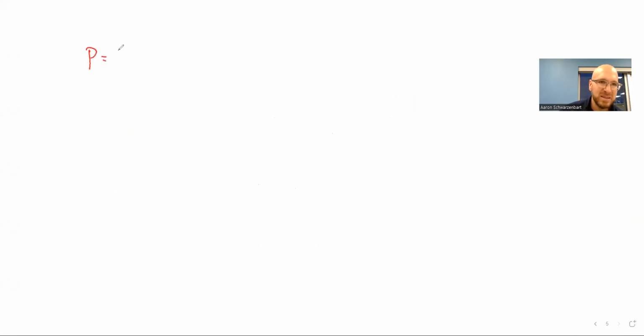So P is 500. Doubling that would be 1,000. Doesn't specifically tell me that number, but I can double 500. It asks me what interest rate, so I don't know what that is. I know it's compounded quarterly, so N is 4, and I'm told 10 years.